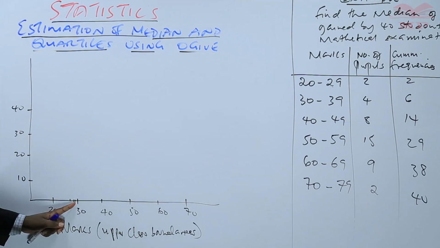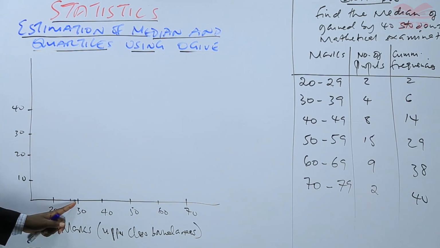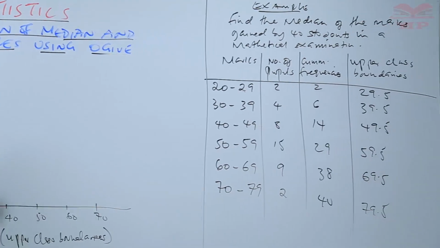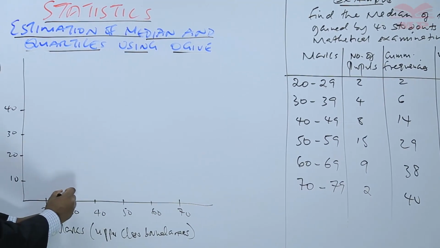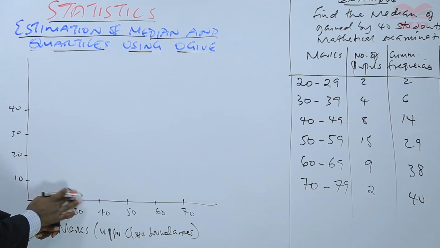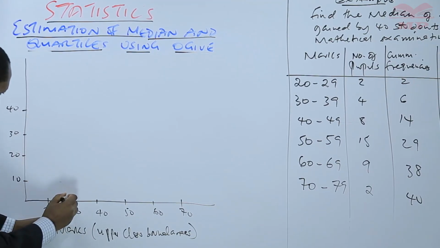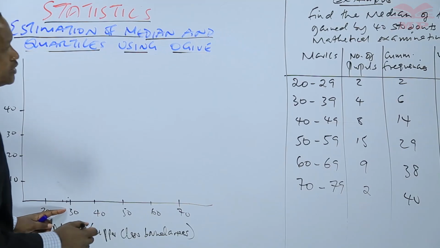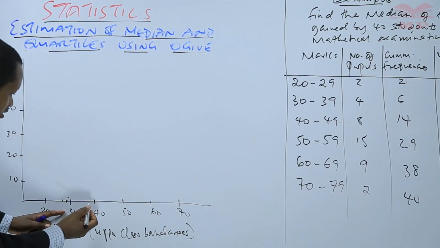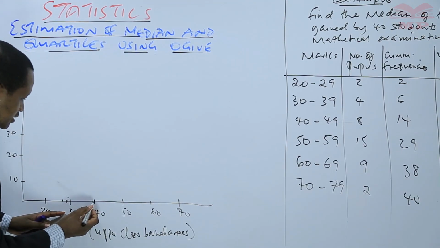So here we have 29.5 and 2. That's the point. Then 39.5 against 6 will be at this point here.